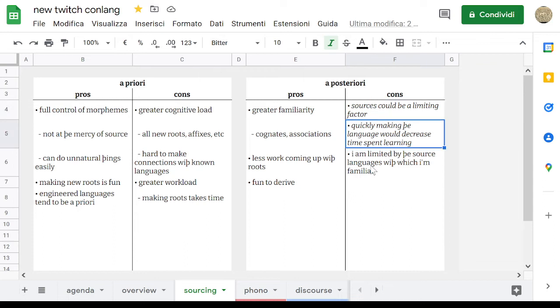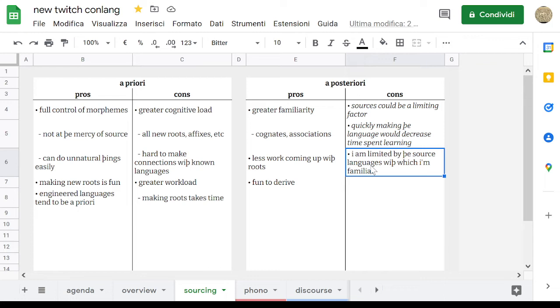An example might be, I want to make a distinction between two types of fabric. Let's say my source languages are Old English and Gothic and Old Church Slavonic or something, things that I have a little bit of experience with.